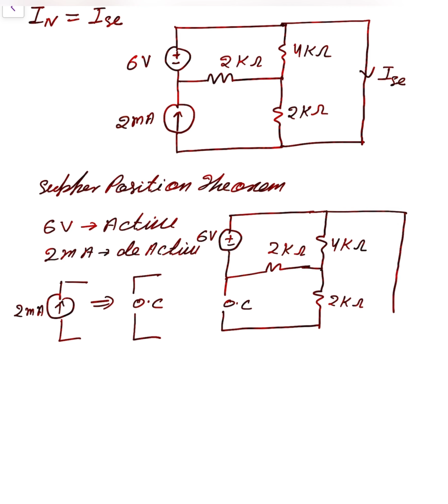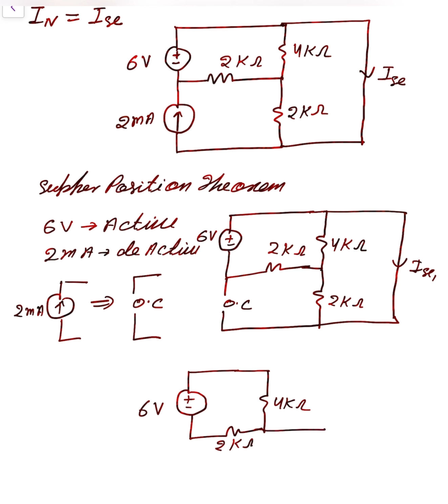Then we get the current ISC1. Now if we redraw the circuit: plus minus 6 volt, 2 kilo ohm, 4 kilo ohm, here 2 kilo ohm, and that one is 2 kilo ohm, and here ISC1.